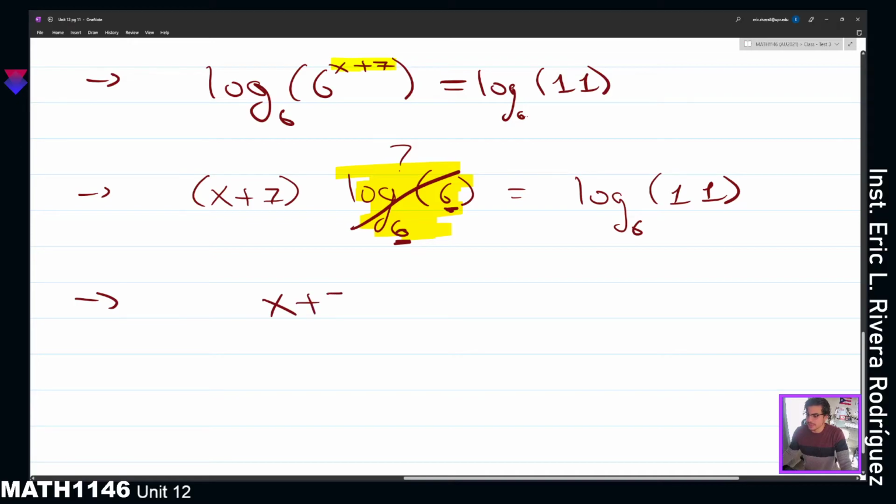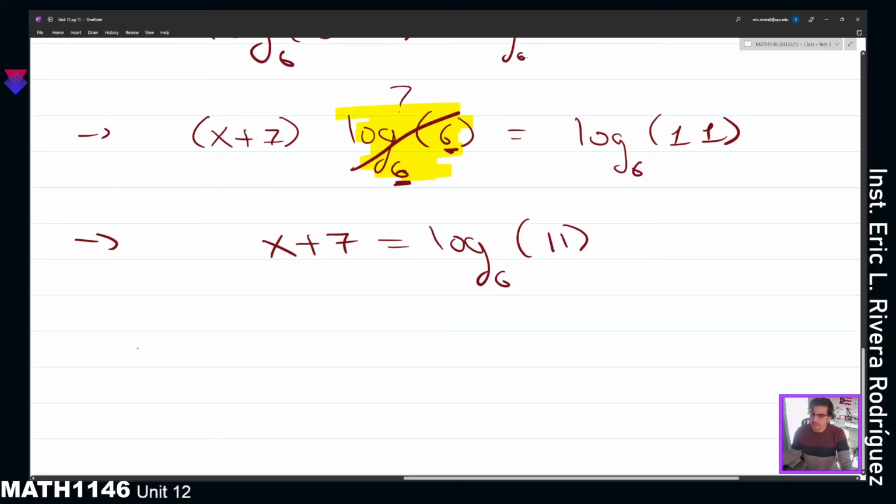Now we have only x plus 7 equal log base 6 of 11. And then we subtract both sides by 7.